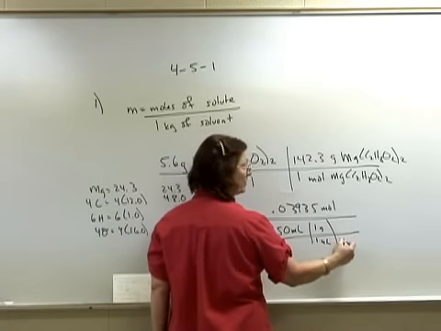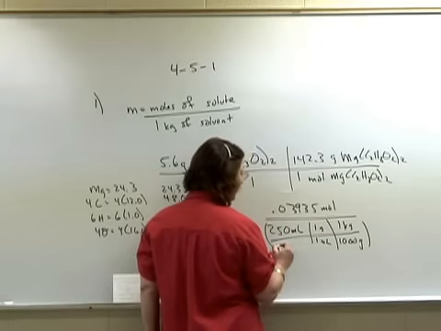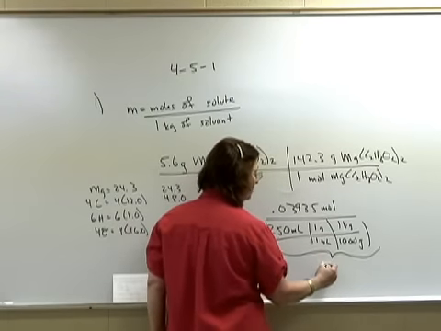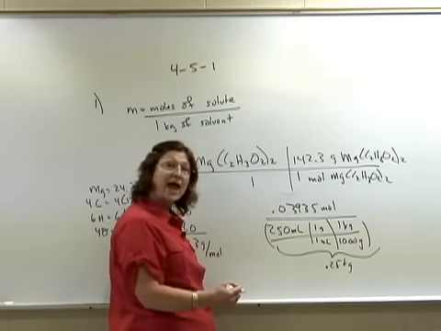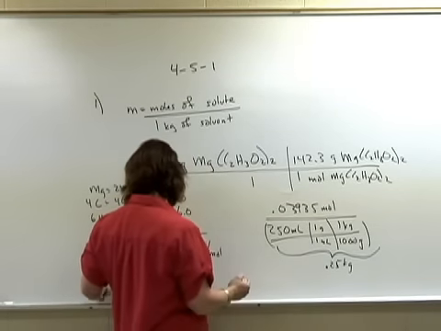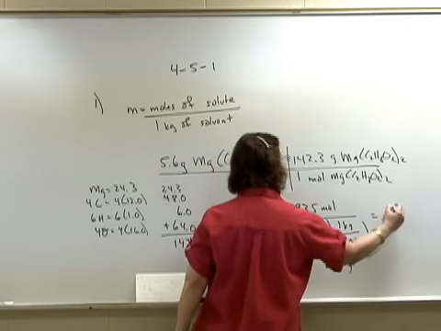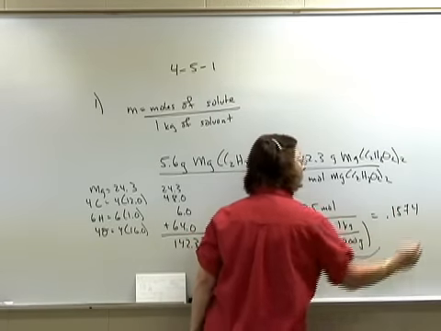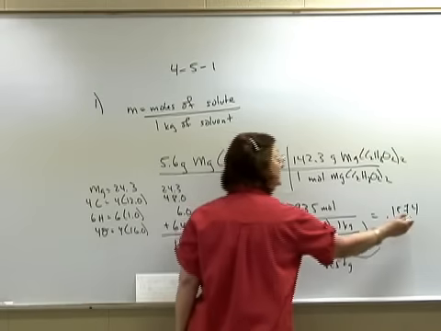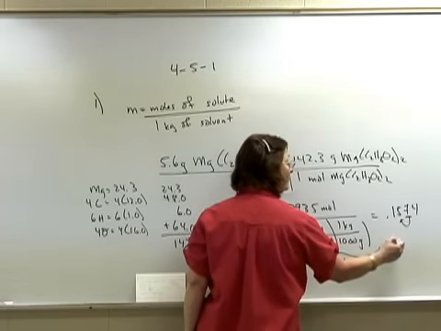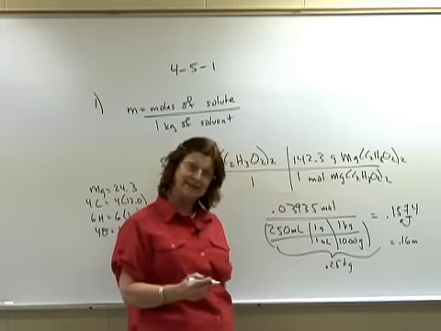And then there are 1,000 grams in 1 kilogram. And therefore, my denominator is 0.25 kilograms. And when I do the math here, I'm going to have 0.1574. And my answer should have 2 significant digits. And I look at the 7 and it rounds the 5 up. And therefore I have 0.16 molal of the magnesium acetate.